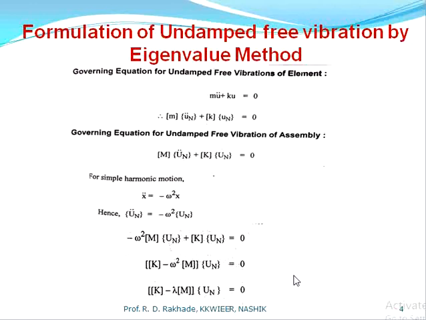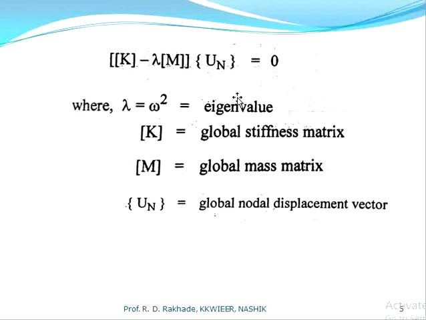So this is our last equation, that is (K minus lambda M) U_N is equal to 0. Here lambda, or omega square, is nothing but the eigenvalue, capital K is the global stiffness matrix, capital M is the global mass matrix, and U_N is the global nodal displacement vector.